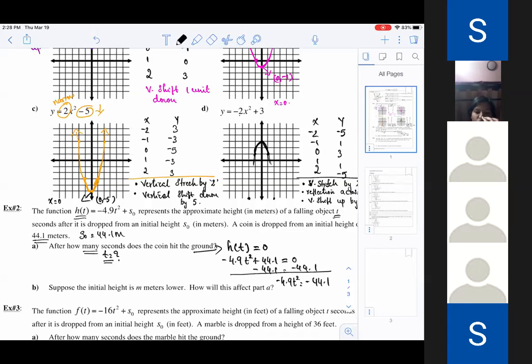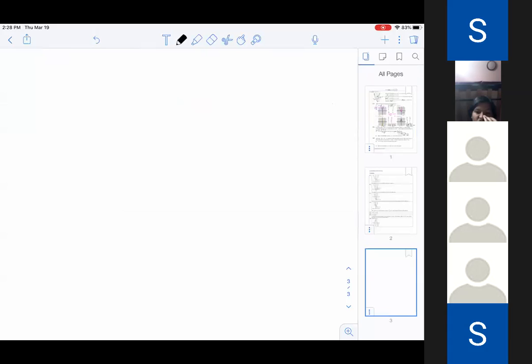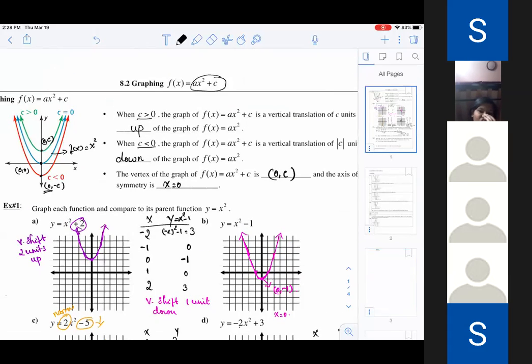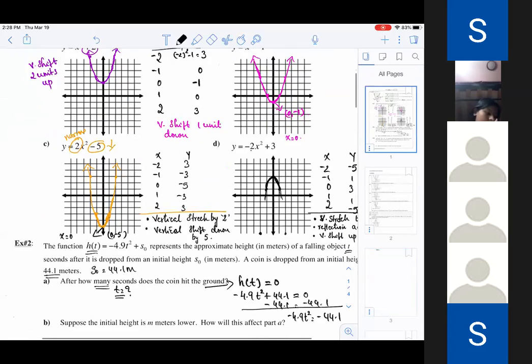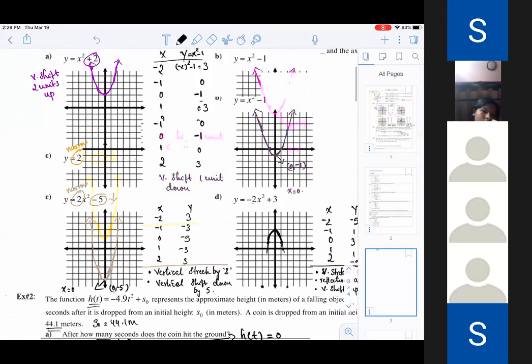Guys, since I don't have enough space here, I'm just going to go to the new page right here. H of t is equal to -4.9 t squared.